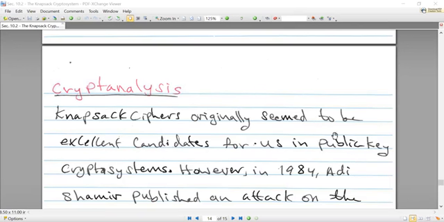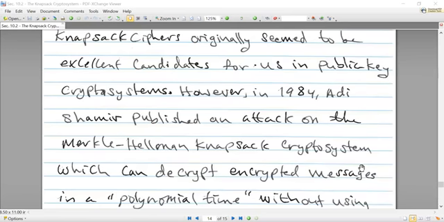The person who actually produced a solution for the knapsack problem associated with this kind of crypto system was Adi Shamir in 1984. And the solution he introduced could solve the problem without knowing the decryption, the secret key.